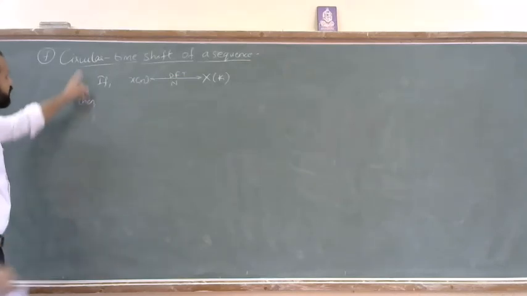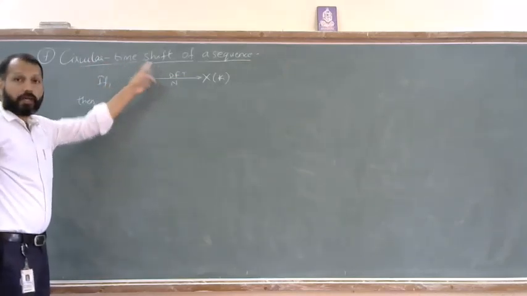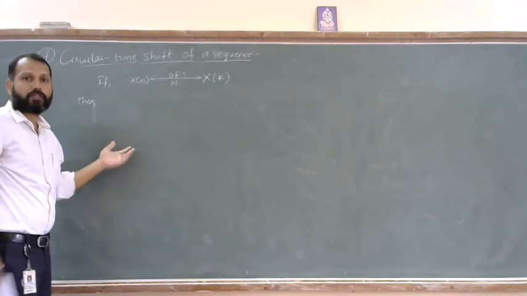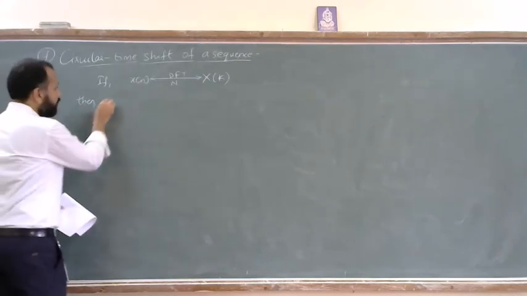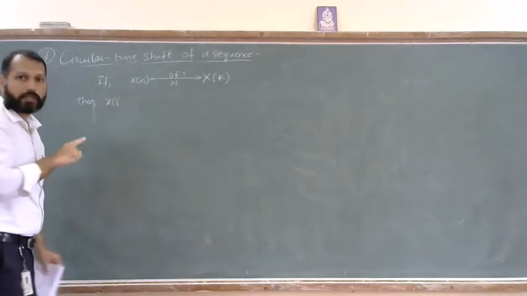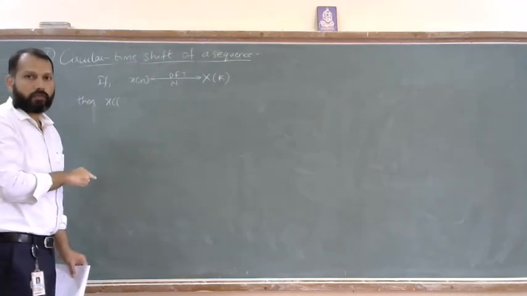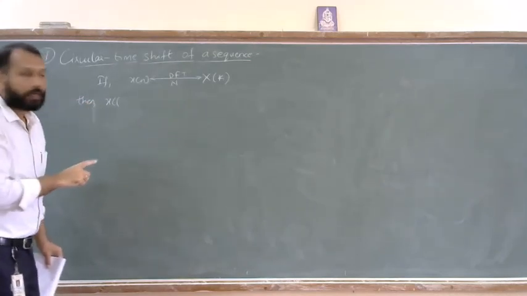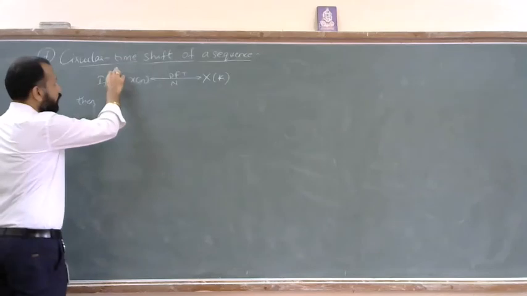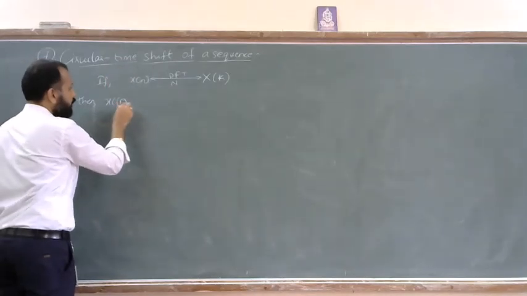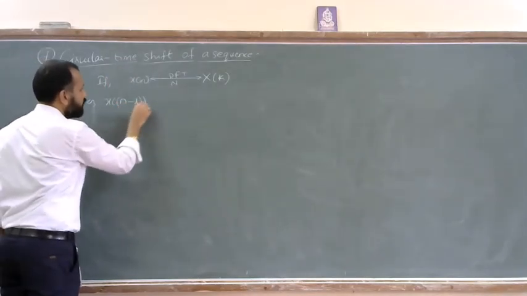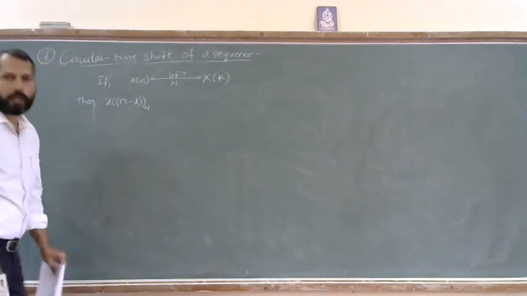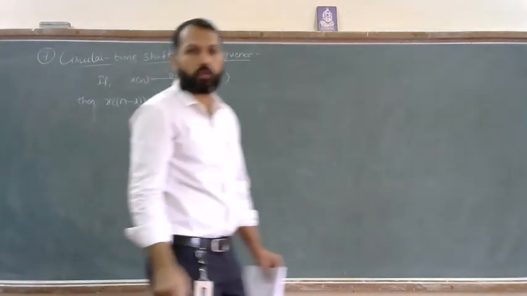as the name itself indicates, circular time shift, the time domain sequence has to be shifted. Again, by the notations that I had written while studying circular symmetries, circular time shifting is represented by x of n minus l, x of n minus k or x of n plus k.